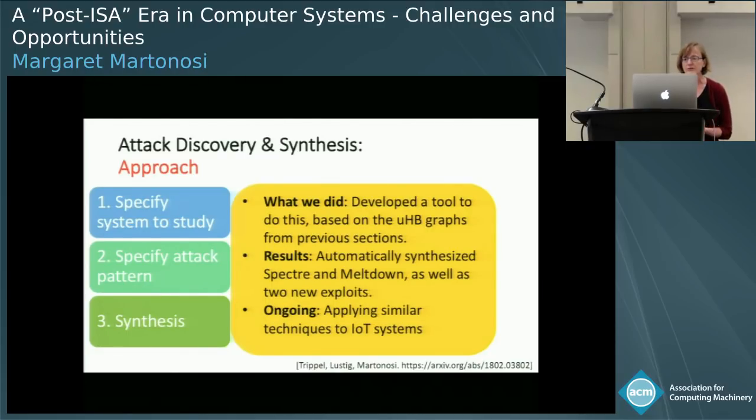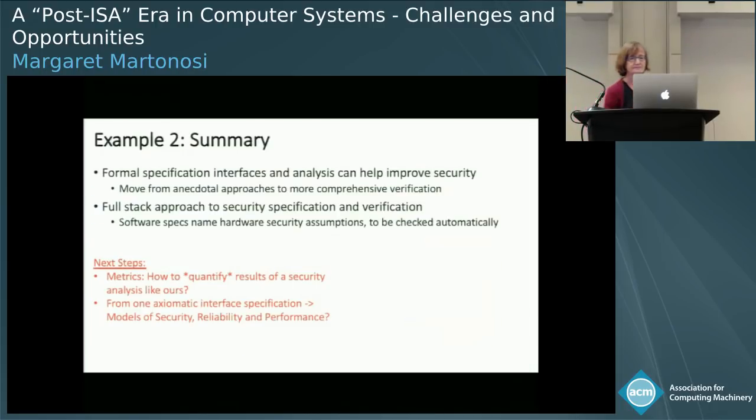We're also in an ongoing way applying these similar techniques to IoT systems right now, which have race conditions and concurrent accesses at a different granularity, but with similar attributes. So in summary, I would argue that the same sorts of interface specifications that we originally used for verification came in really handy in understanding security better and allowed us to move from anecdotal approaches to more comprehensive verification.